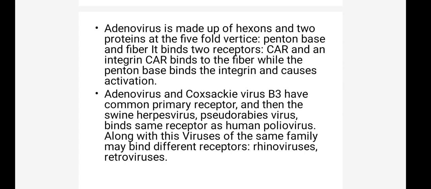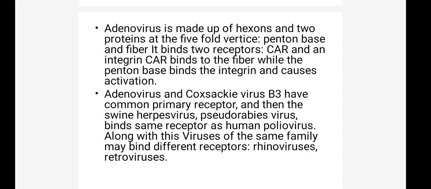Both act as receptors for entry of this adenovirus, and in that case the integrin protein may be considered the co-receptor, because the first receptor is the CAR receptor on the host cells. Now the adenovirus and the Coxsackie virus B3 have a common primary receptor, meaning two different viruses may possess a common primary receptor.